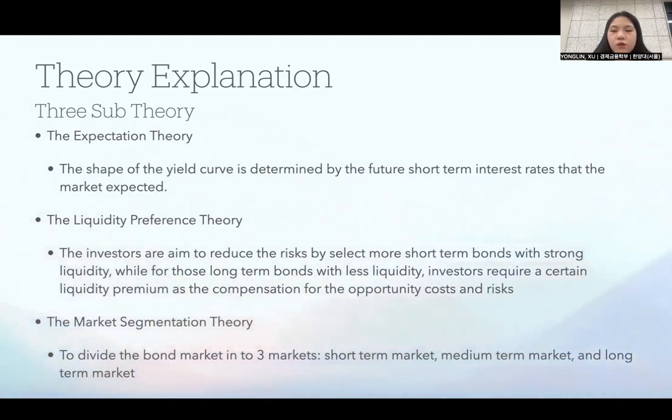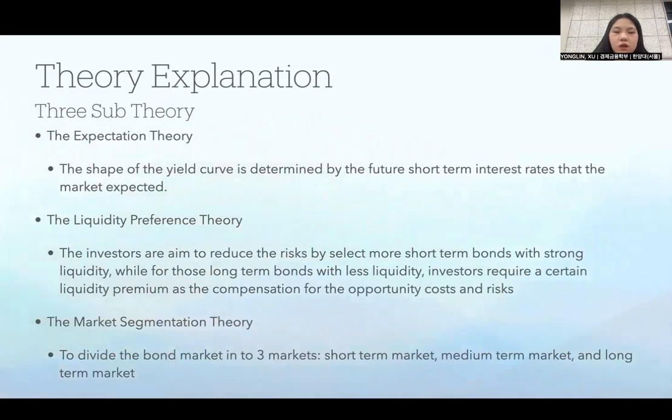Therefore, the normal and common yield curve is the upward sloping yield curve.